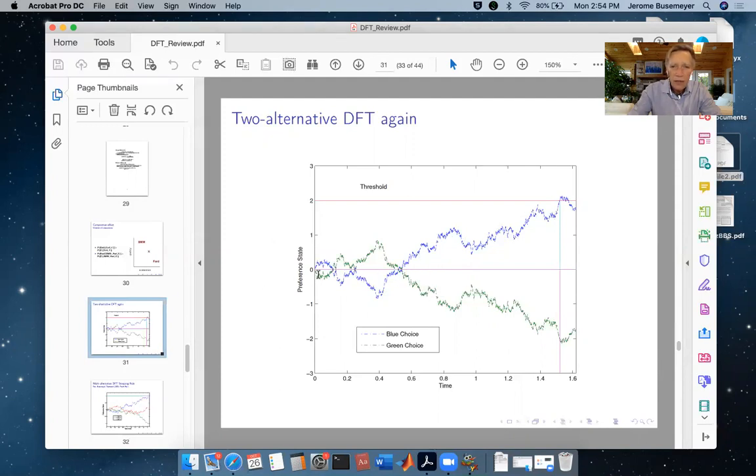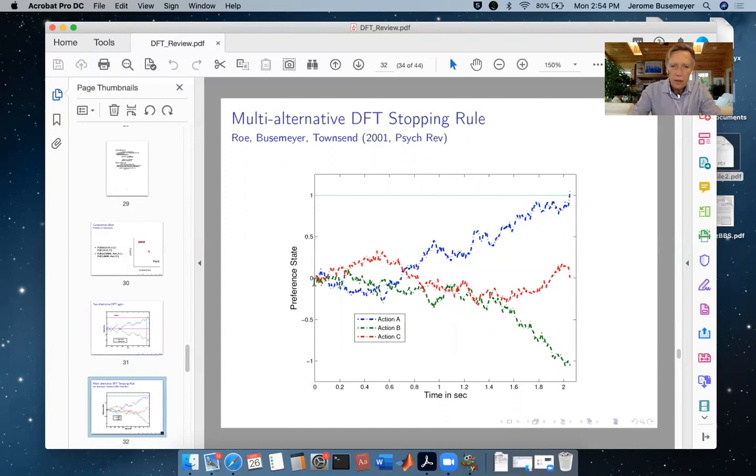But now if we allow a separate accumulator for each option, it's easy to extend it to 3 options or 4 options. So here we have a red, blue, and a green option. Let's say our BMW or our Honda is the red and our Ford is the green. So now we have an accumulator for each option.